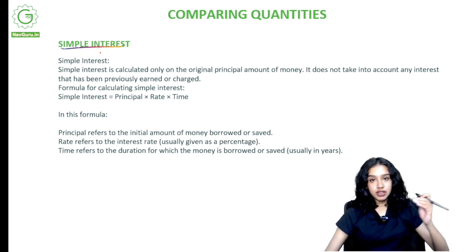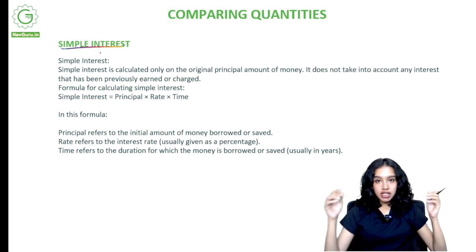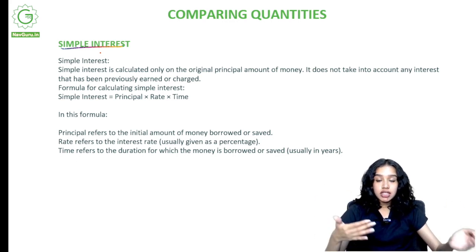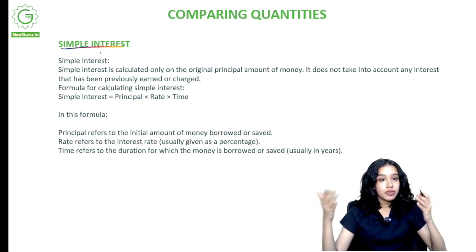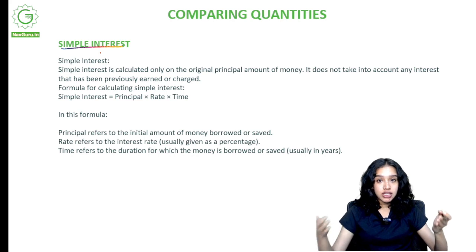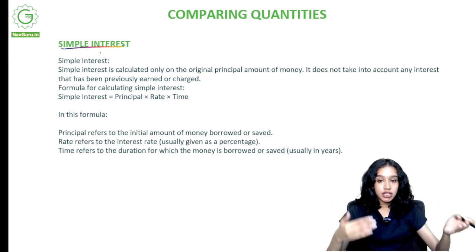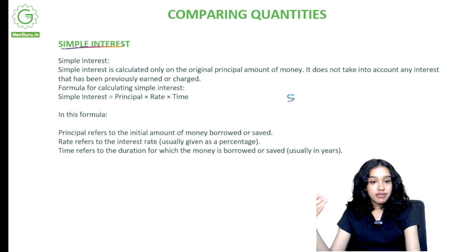So basically, let's say that I am taking a particular amount of money, let's say 1,000 rupees. I'm taking 1,000 rupees and I'm saying that the interest is 10% per year, right? So if it's simple interest, it's the principal amount, which is 1000 rupees, into the interest rate, which is 10%, into the time, I'm taking 1 year, right?